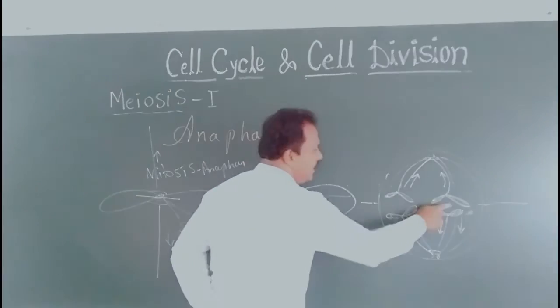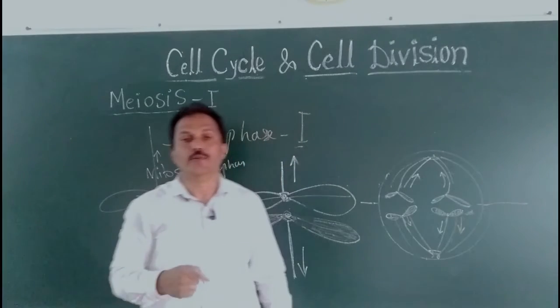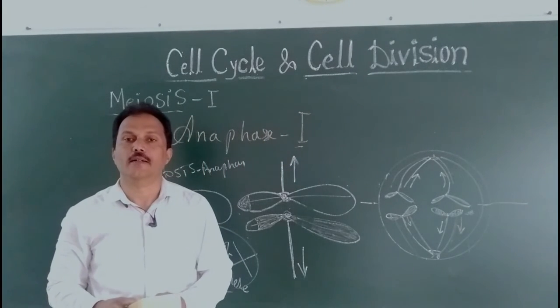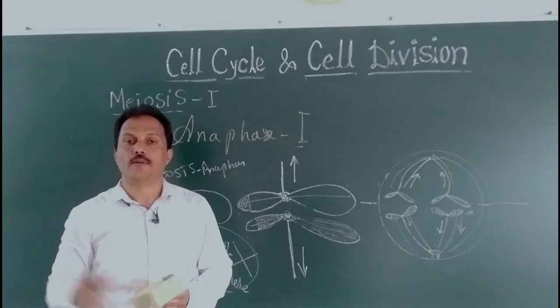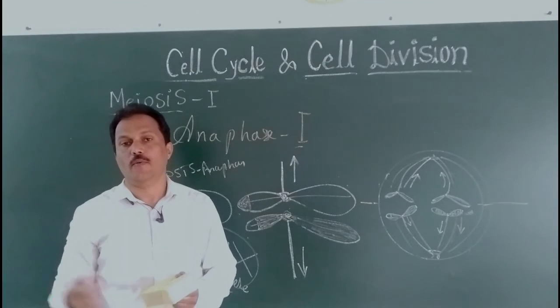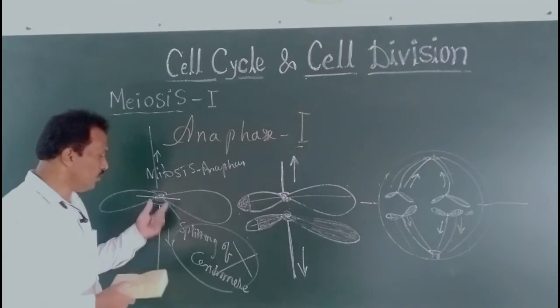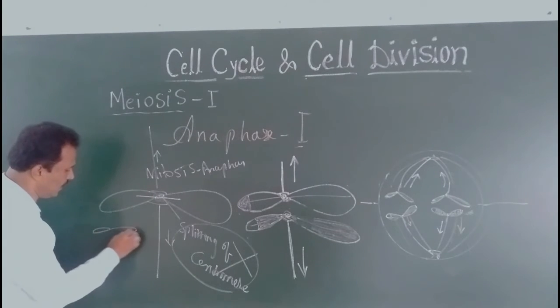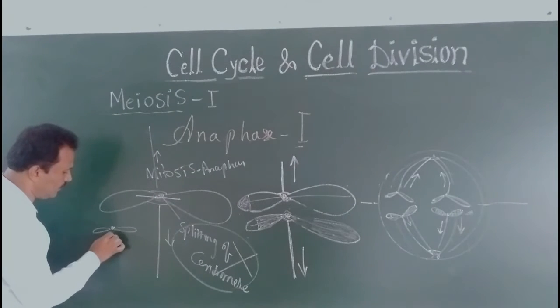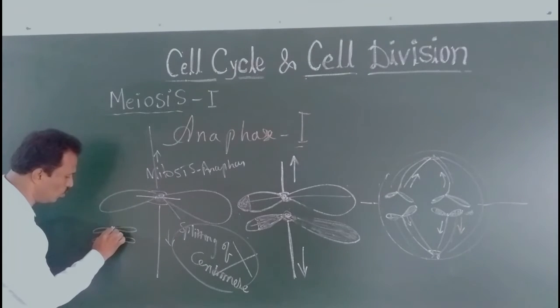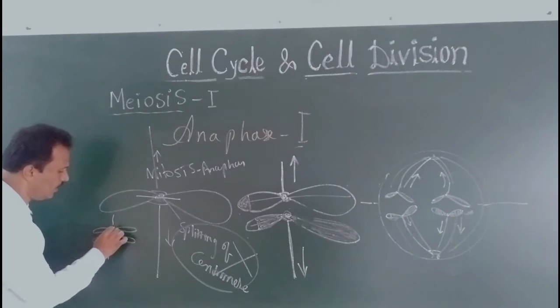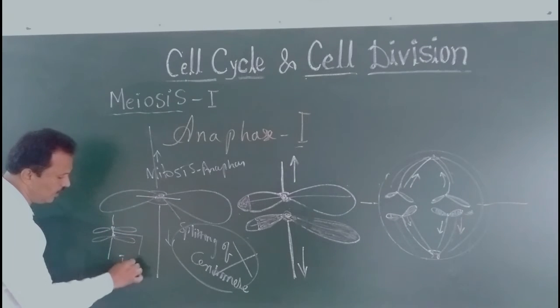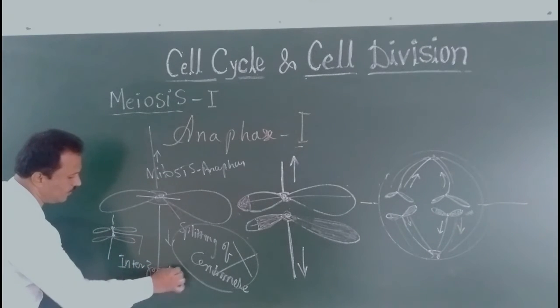If you recollect, in the anaphase of mitosis, when the splitting of the centromere takes place, in between these two there was one fiber that is seen. What was that fiber? It was known as the interzonal fiber.